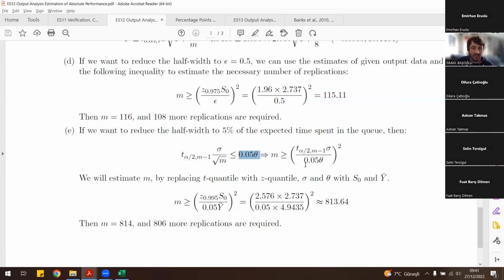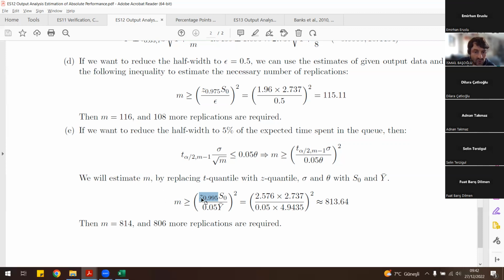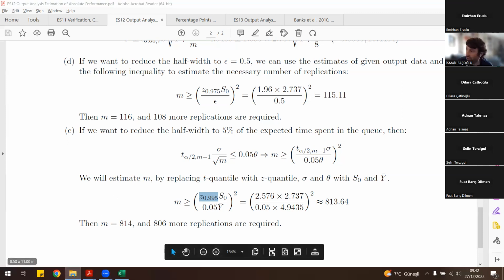Now, what are the problems here? First of all, if I do not know m, how can I calculate the t quantile with m minus 1 degrees of freedom? So I replace this t quantile with the z quantile, or the quantile of the normal distribution. Since this time we are focusing on a 99% confidence interval, the z quantile that I need to check from the standard normal table should be for 0.995. Now, let me show that to you.